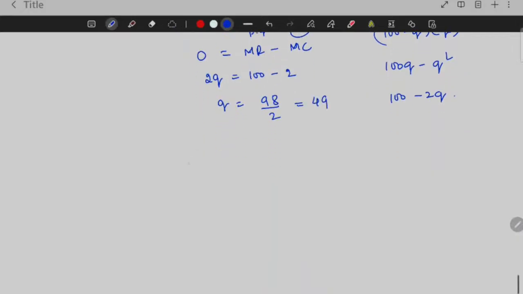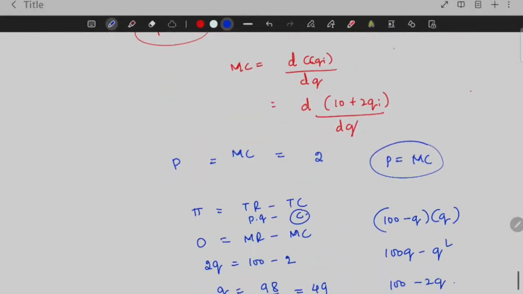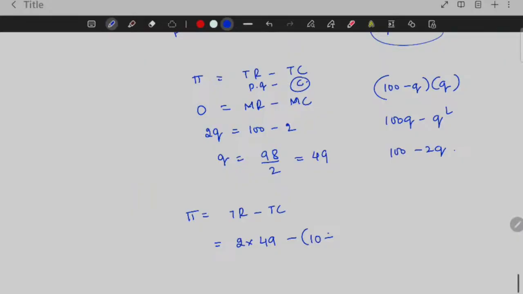Now I can find the profit. Profit is total revenue minus total cost. Here P is 2 into Q is 49, minus the cost function, which is 10 plus 2Q.